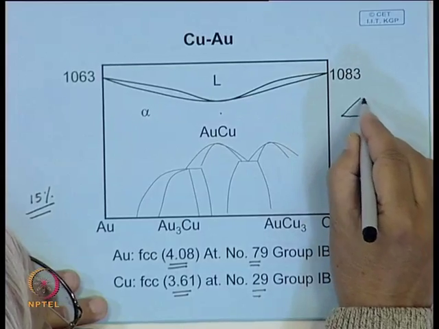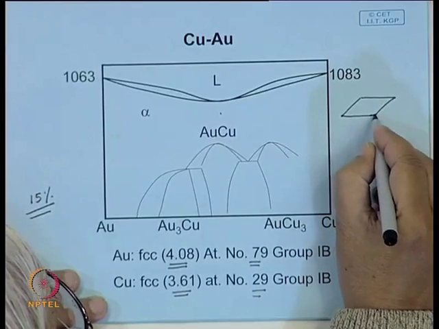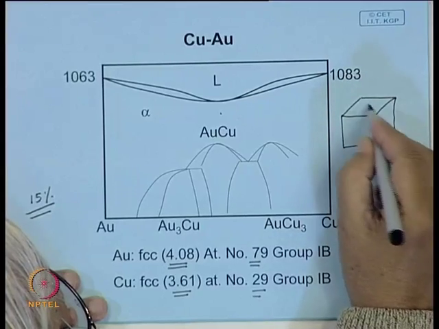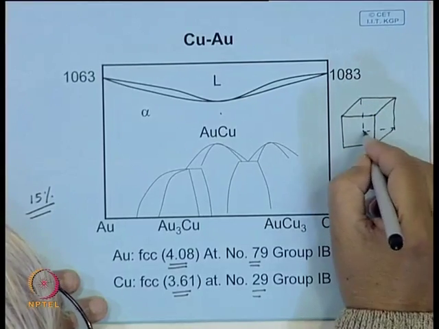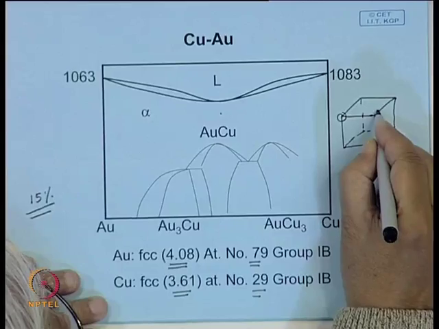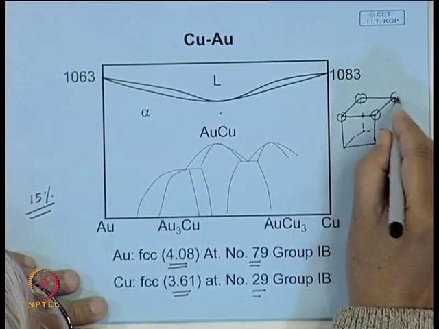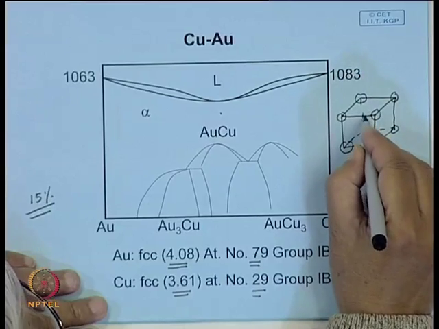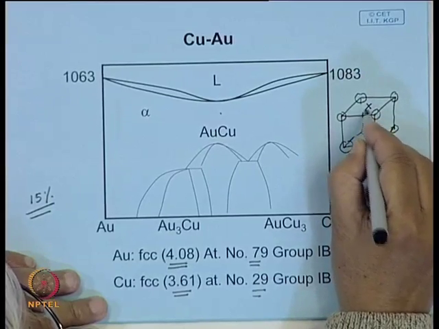So, you have atoms at the corner of the cube and each of the face centered.